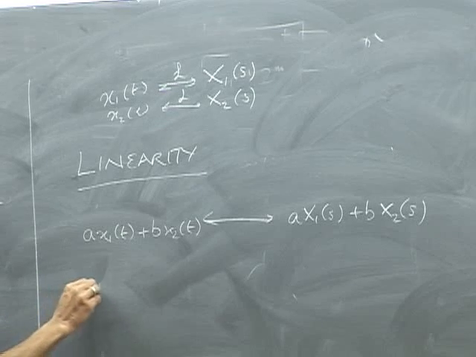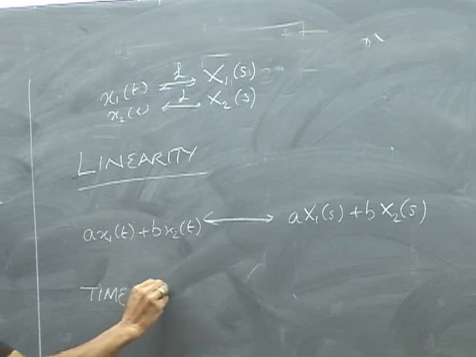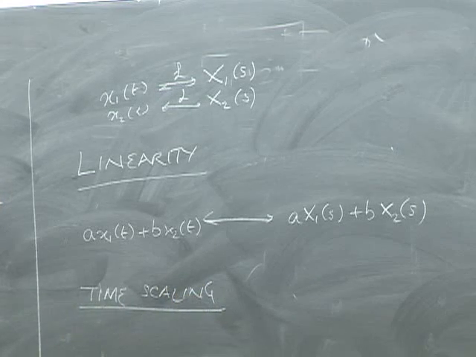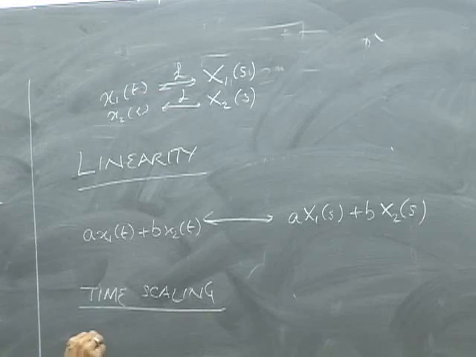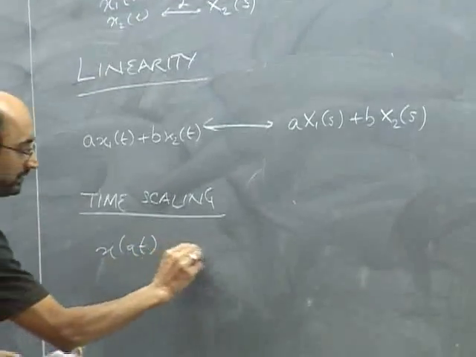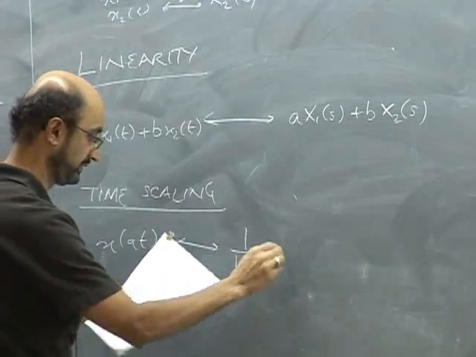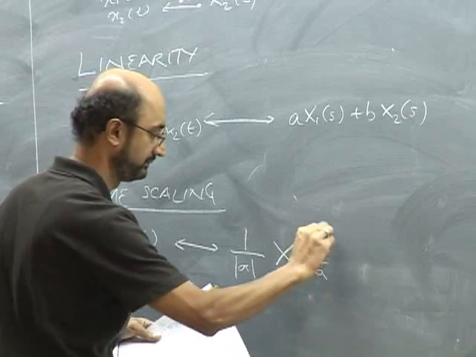Okay, so the second one is time scaling, and in the table the notes are opposite. Here it's saying an expansion in time scale compresses the frequency scale. What I really should have said is a compression in time scale expands the frequency scale. So same mistake as last time because of the factor, but basically what we're saying is that x(at) corresponds to 1 over a times X(s over a).